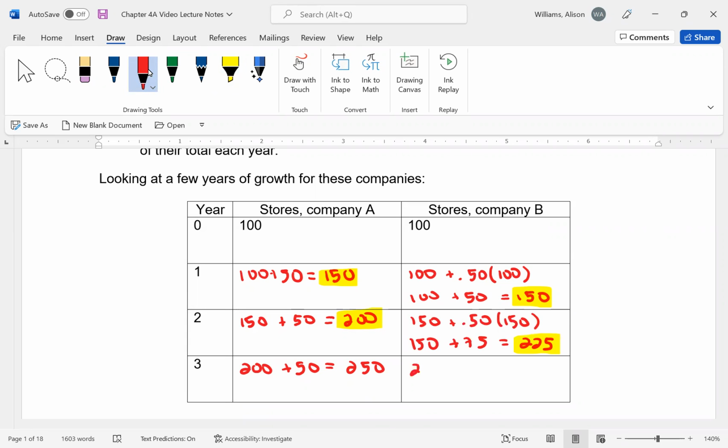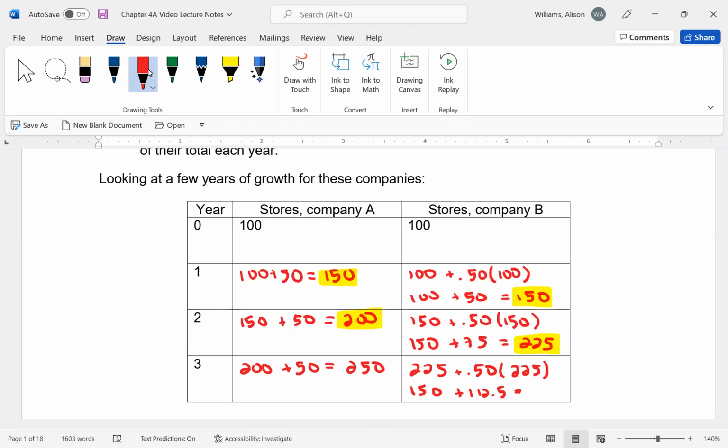Third year, we're going to take the 225, and I'm sure you guessed it, it's going to be even more. So now we're going to take 50% of 225. And that comes out to, sorry, I got to actually grab my calculator, 112.5. Which I guess as stores, it'd make more sense to say 113. But that's okay.